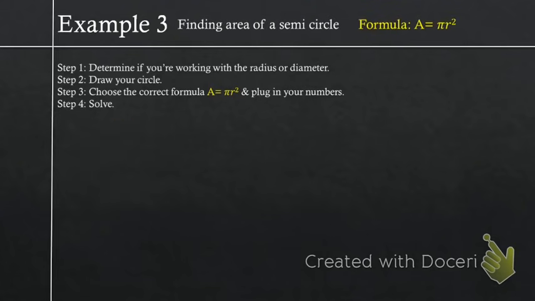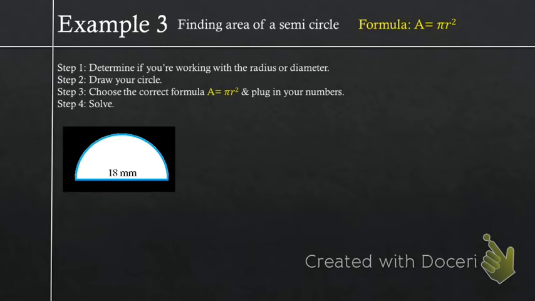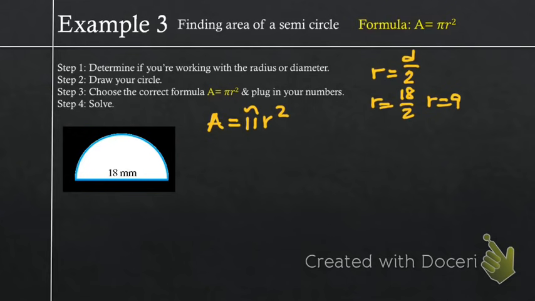Okay, our third example is finding area of a semicircle. Semicircle, we know, is half of a circle. We're still going to use the same formula: area is equal to pi times our radius squared. Except now we have a diameter of 18, so we have to find our radius. 18 divided by 2, our radius is 9. So I'm going to go back and plug that in.